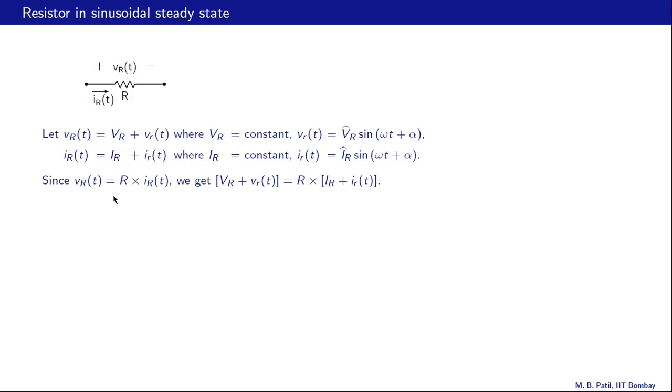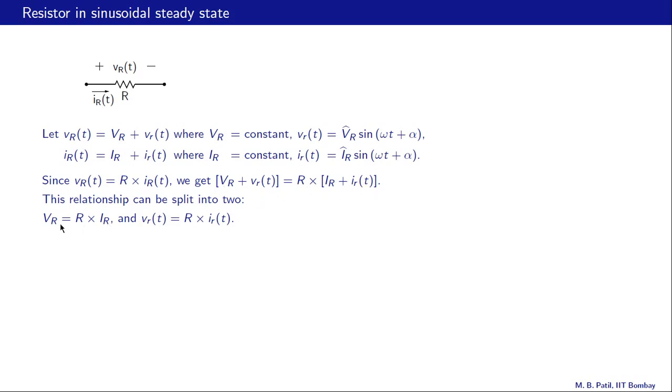And we know that for a resistor, the total instantaneous voltage is simply R times the total instantaneous current. And when we substitute for vR and iR, we get this relationship. And we can split this into two equations.